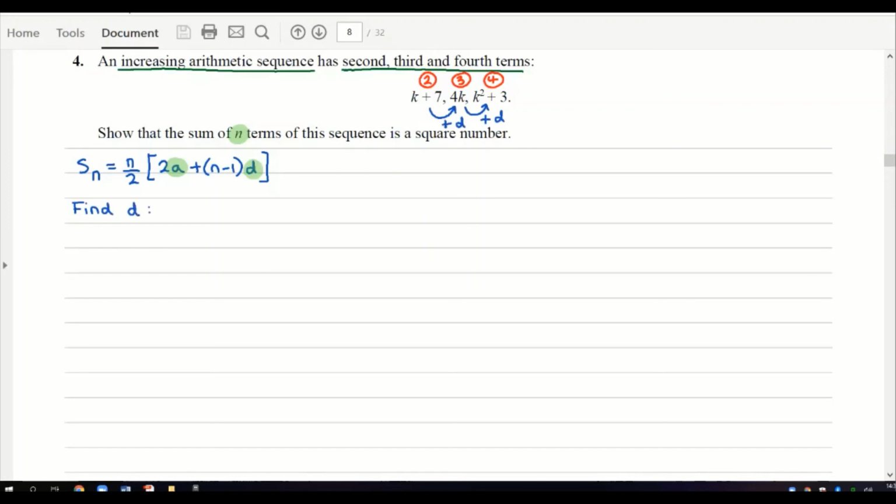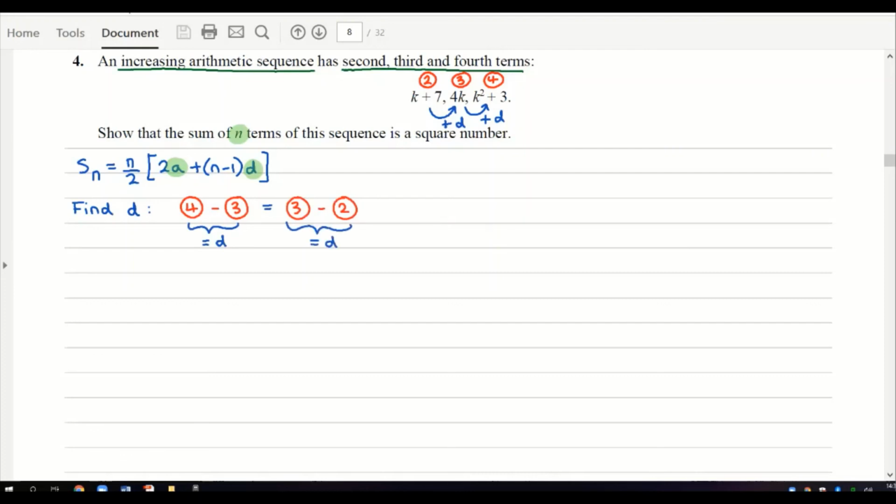Okay, so I'm going to make that note again. So if I subtract the third term from the fourth term, that will give me d, and it's exactly the same as subtracting the second term from the third term. Both of these are equal to the common difference. So that's where I get my equation from.